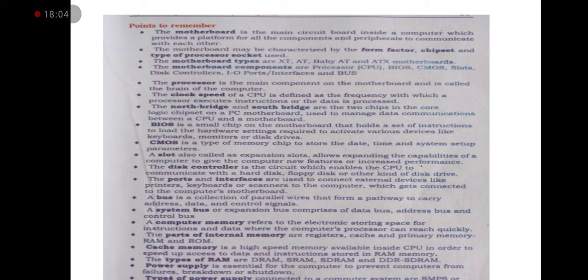Then the power supply. What is a power supply? It is essential for a computer to prevent failure, breakdown or shutdown. While the computer is executing a program or processing, if the current goes off, there may be a chance of losing the data stored in the RAM. That's why we need a UPS, which supplies power uninterruptedly, without interruption, even though the main power is cut off.